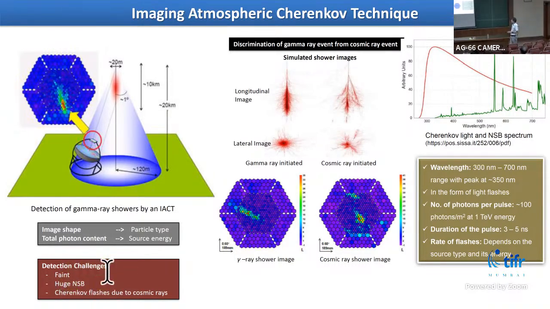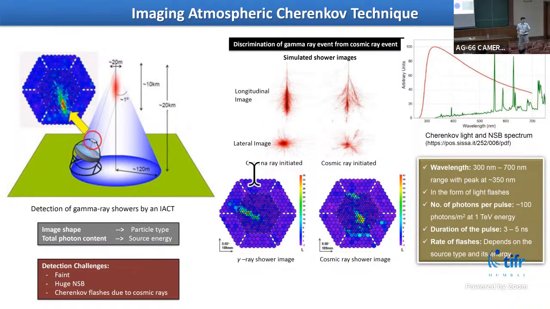And there is a huge night sky background, because this telescope will operate in an outdoor environment where the light from the night sky background will also be falling. So rejection of that is also a challenge. And the Cherenkov light flashes generated by cosmic ray images also pose a challenge to the detection of gamma rays.